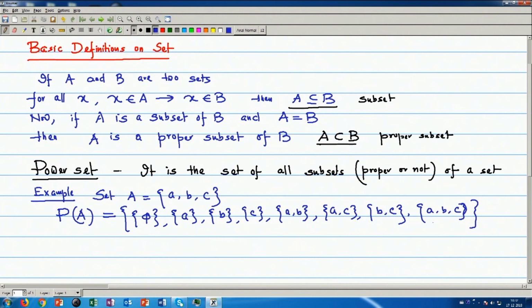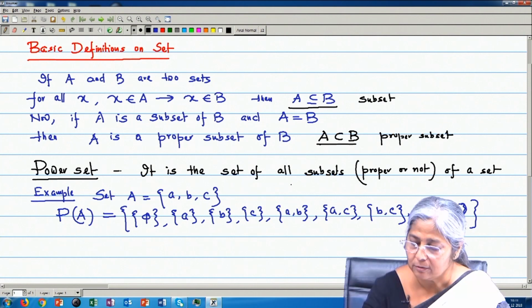These are all the possible subsets of the set. Other than {a, b, c}, all are proper subsets of A. Only this subset {a, b, c} is equal to A. So, this is my power set, and normally the notation is P of A.